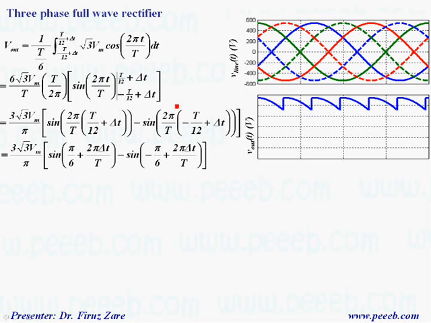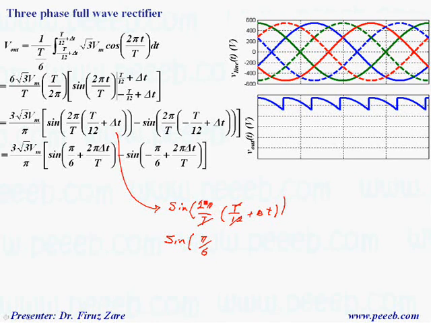Now we can simplify this equation, because this sine is sine of 2 pi t over T times T over 12 plus delta t, and this one is the other sine. We can simplify this to pi over 6, and then multiply this term into the next term, which is 2 pi delta t over T.